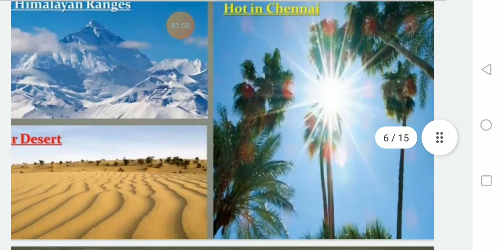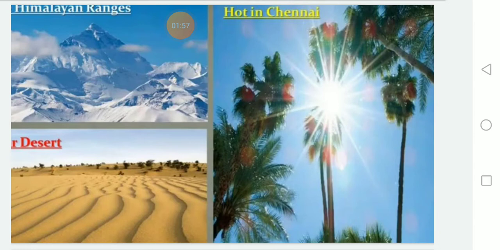For example, you can see in the picture that the Himalaya ranges are very cold because there is snow on the mountains, and we have the Thar desert that has a very hot climate.